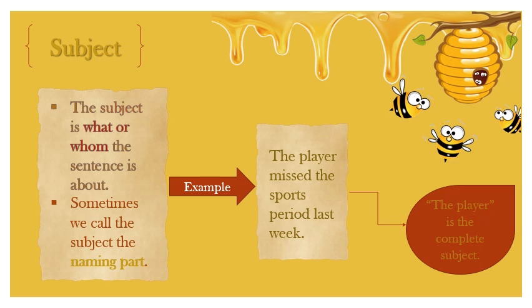We took all the words that talk about the subject, so we call the player the complete subject. Again, the subject is what or whom the sentence is talking about. Sometimes we call it the naming part. All the words in the subject that talk about the subject in the sentence, we call the complete subject.